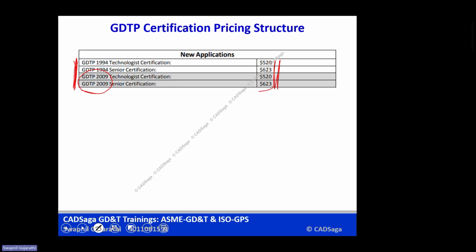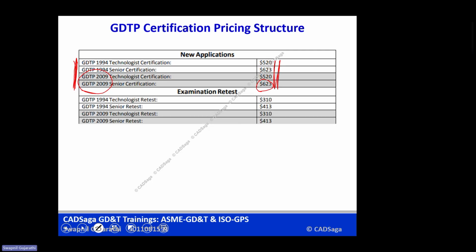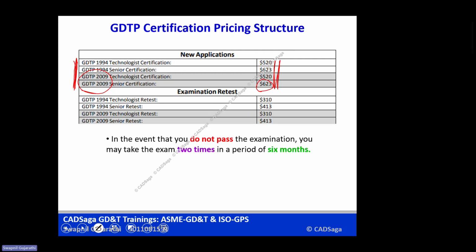But $623 is the fee for the senior level examination, 520 for technologist level. And guys, in case I apply for this, I go for the first attempt, I fail. Then within 6 months' time, I can take the exam 2 times, but only after you pay. You need to again pay 413 bucks, and then you can take that second attempt.